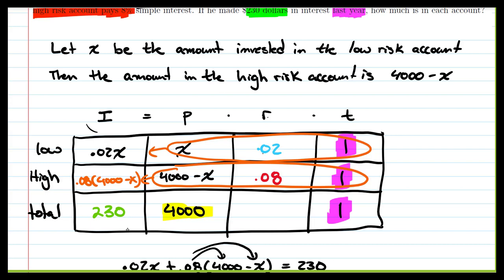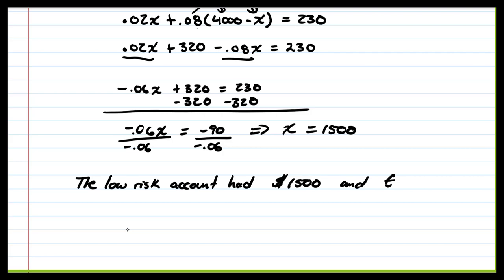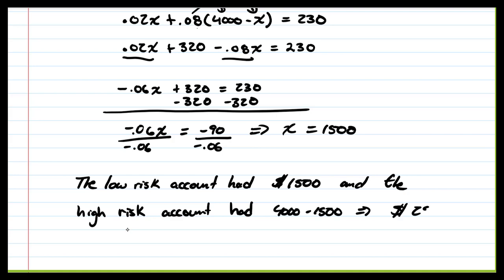Then the high-risk account has $4,000 minus $1,500, which is $2,500.